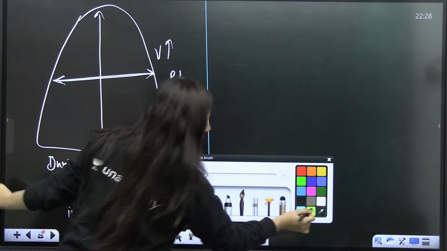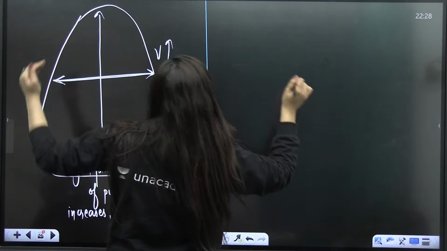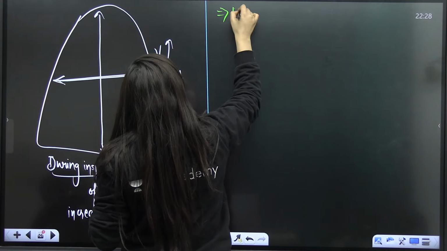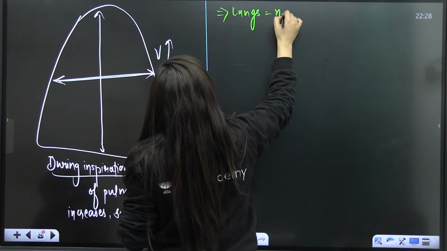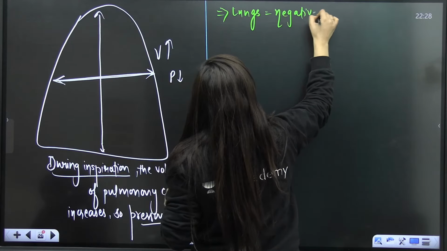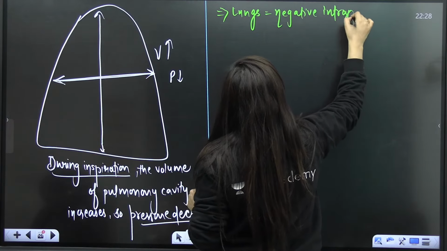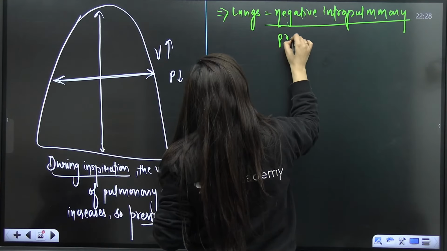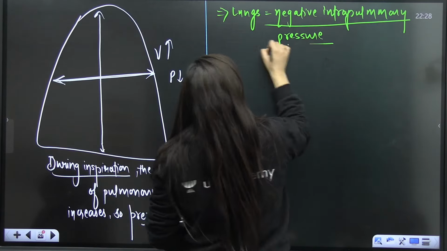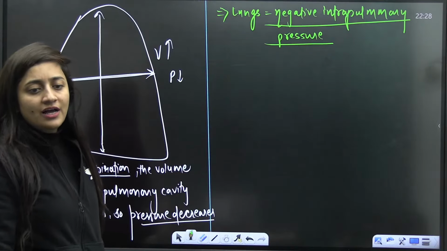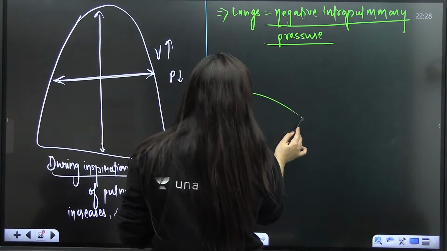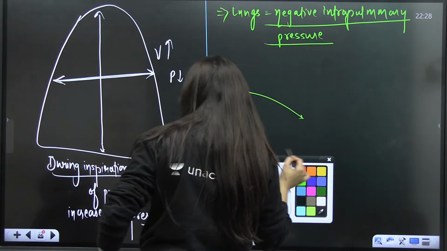So lungs will have negative, intra means within, negative intrapulmonary pressure. So obviously air will come in. So this is the inspiration, students.